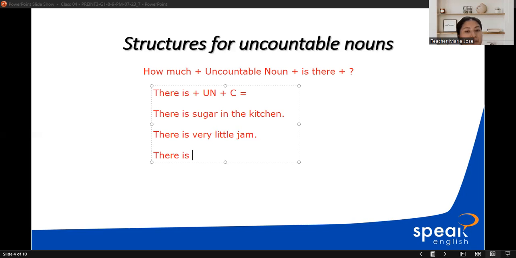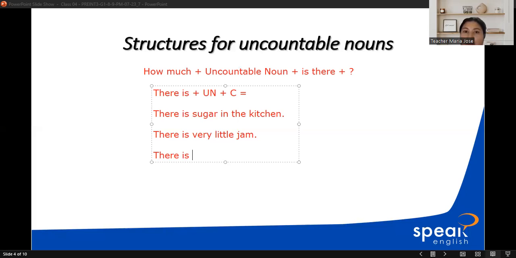Okay, but a different structure. For example, we have already there is. We have there is very little. Another structure. There is too much salt in my soup.